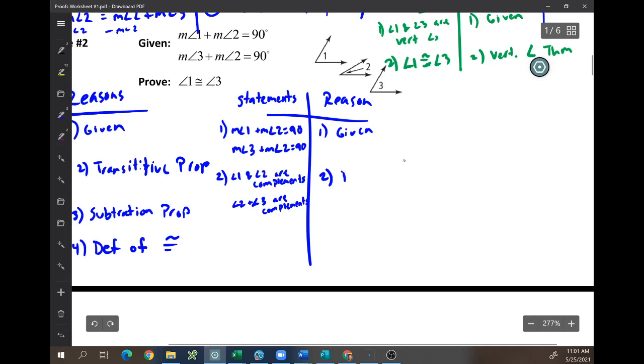That's the definition of complementary angles. And so what I can say is by that theorem, I can say that angle 1 must be congruent to angle 3. Why? Because angle 1 is a complement of 2, and angle 3 is a complement of 2. They're a complement of the same angle. So that's the congruent complements theorem.